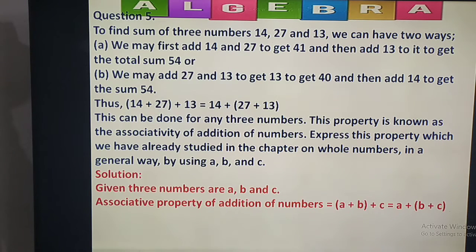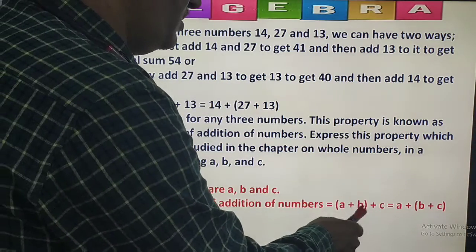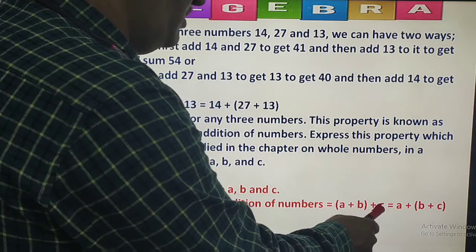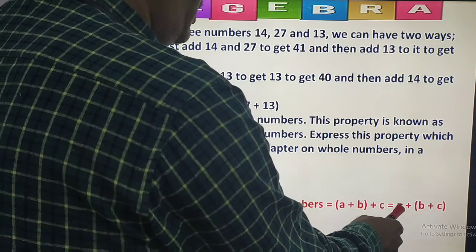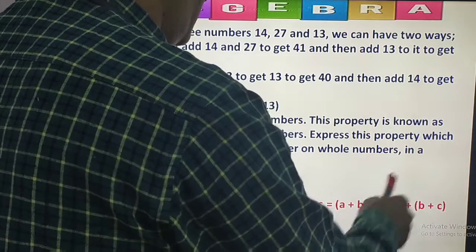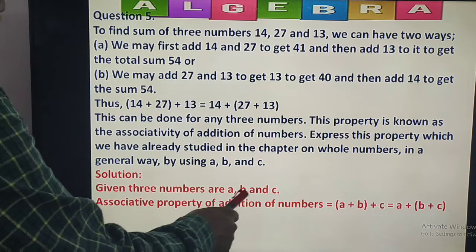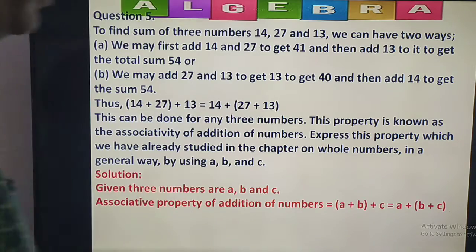So this is called the associative property. It means the sum of the first 2 numbers plus the third number is equal to the first number added to the sum of the last 2 numbers. That is called the associative property, where A, B, C are the 3 numbers.